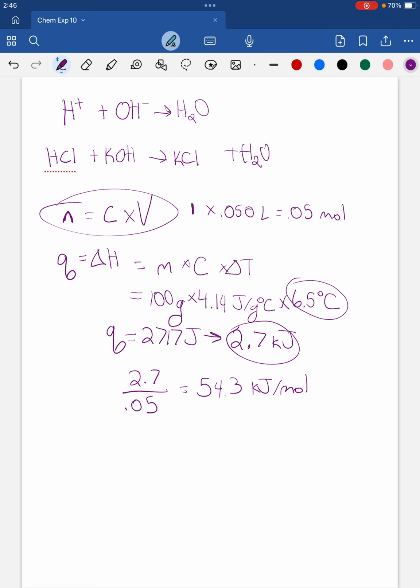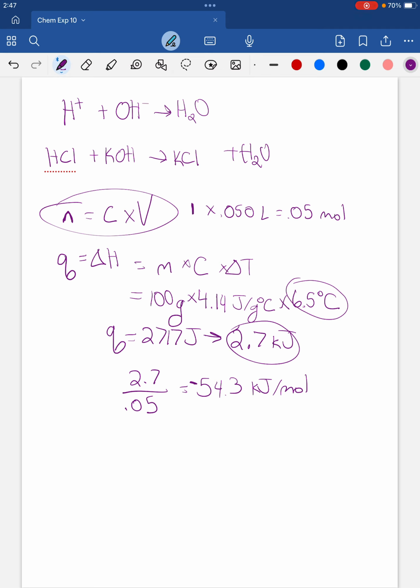The one that we figured out already is 54.3 kilojoules per mole. This is actually going to be negative, so I'm going to add a negative sign here, because the temperature increased, so it's exothermic. If it's endothermic, then this would be a positive number. Our temperature decreased in part two, so for part two calculations, that one is going to be a positive number.